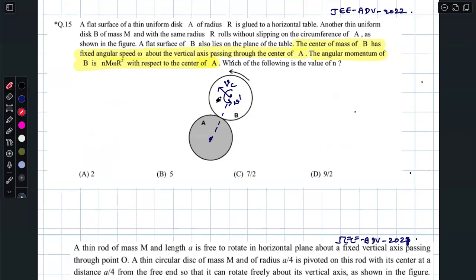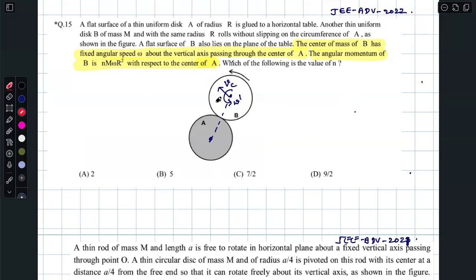The center of mass of B has a fixed angular speed omega about the vertical axis passing through the center of A. The angular momentum of B is n M omega R squared with respect to the center of A. Which of the following is the value of n? That's the question.